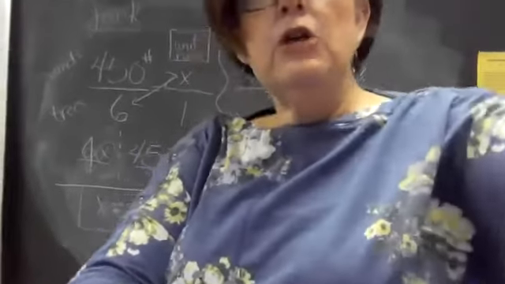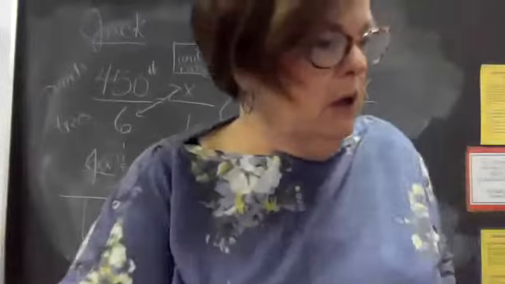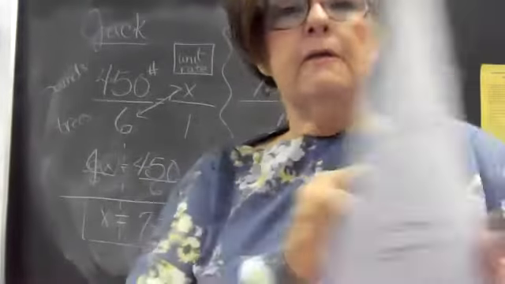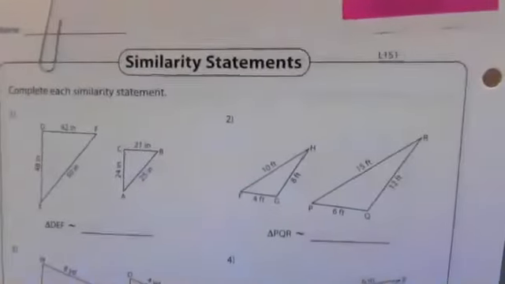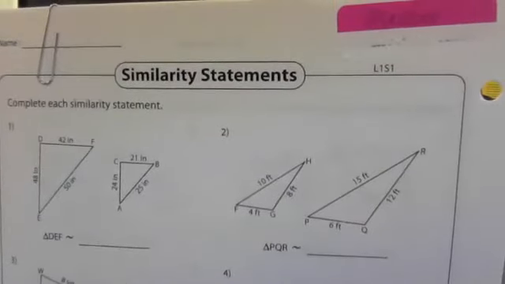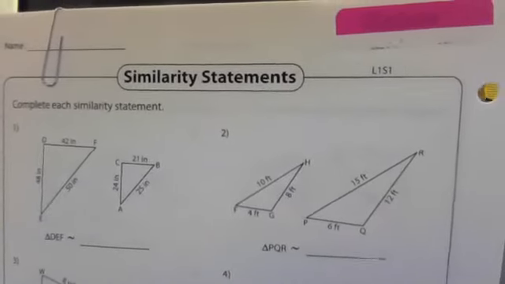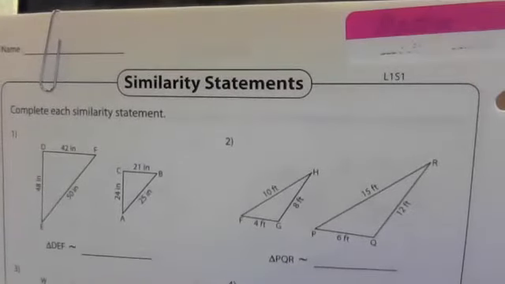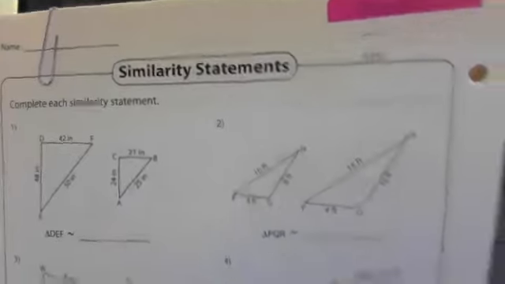All right. So we're going to start on the packet that I sent to you yesterday, packet 3, and it starts with similarity statements and has some triangles on the front. I have a student here that wasn't here yesterday, so I'm going to make sure she has one of these.